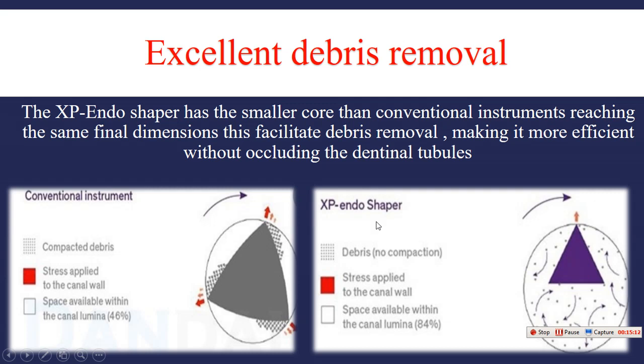When compared with the standard NiTi instrument, the space is only 46% and the stress is more. So the space here is greater because of its small core diameter and there is less stress on the dentine, so debris can be removed coronally easily. Excellent debris removal compared with the standard NiTi instrument.